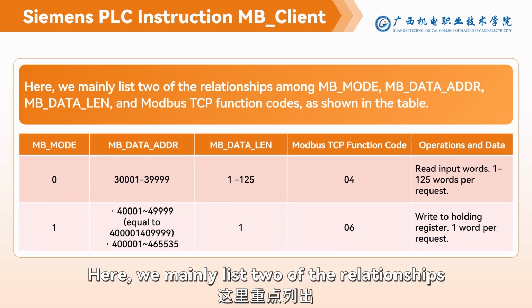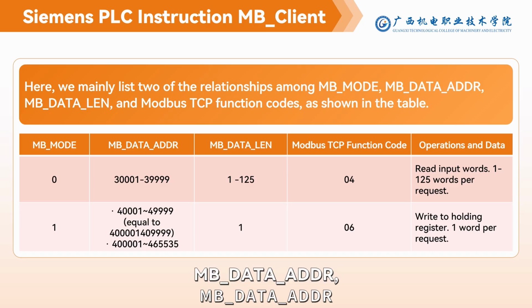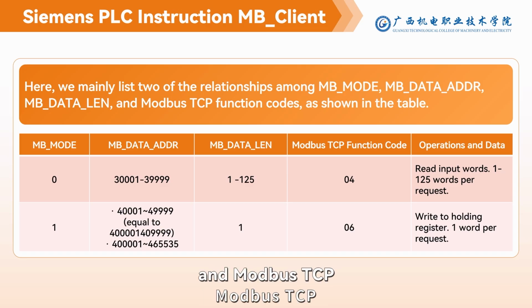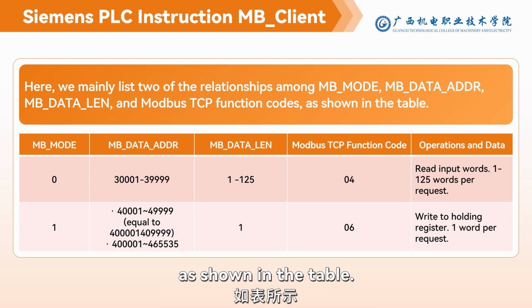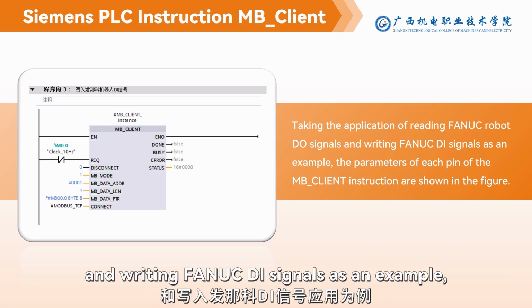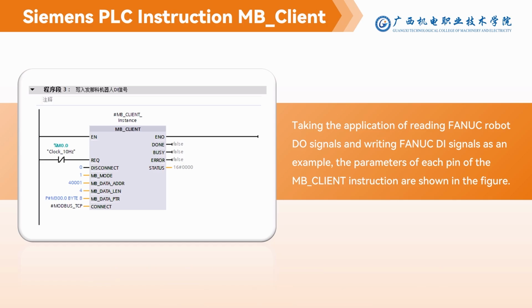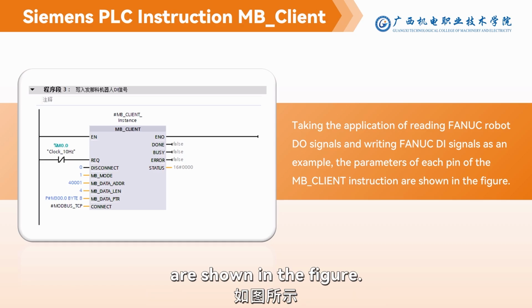Here we mainly list the relationships among MB mode, MB data address, MB data length, and Modbus TCP function codes as shown in the table. Taking the application of reading robot DO signals and writing robot DI signals as an example, the parameters of each pin of the MB client instruction are shown in the figure.